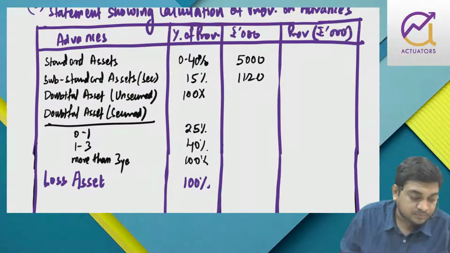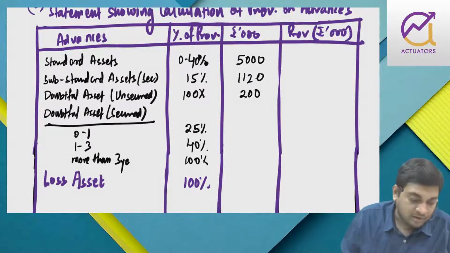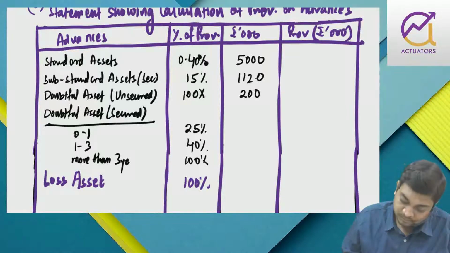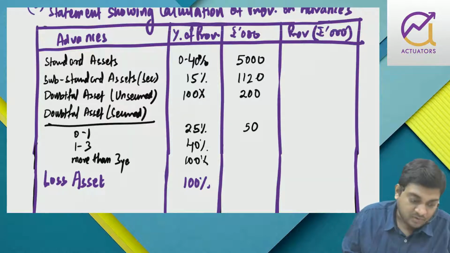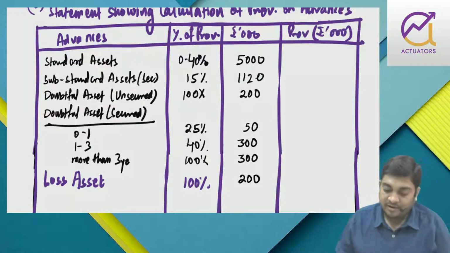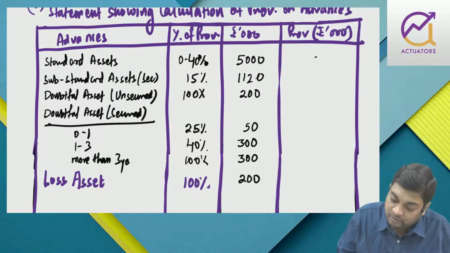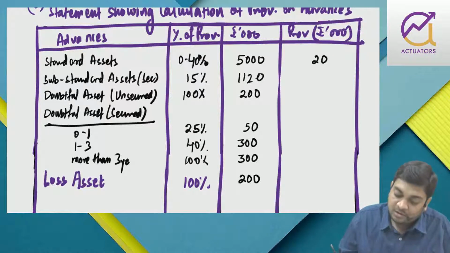Then 1120, then 200, 50, 300, 300, 200. Right? So 5000 into 0.4, that is 20.